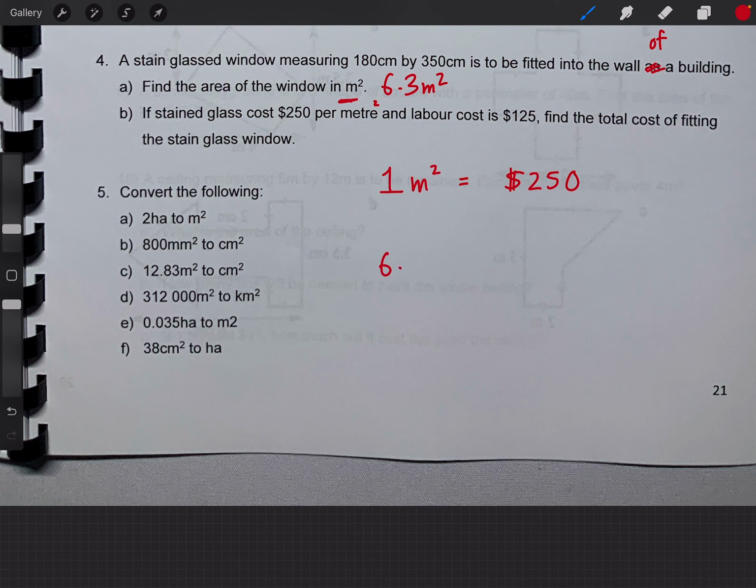We have an area of 6.3 meters squared. So how much is it going to cost? Just multiply it. To go from 1 meter to 6.3, we multiply by 6.3. So we multiply this one also by 6.3. We want to see how much it's going to cost. Okay, so 6.3 times 250.